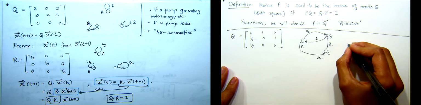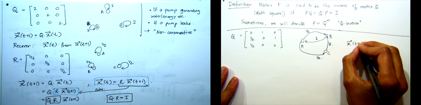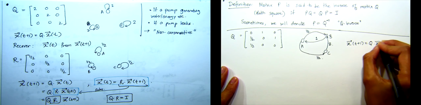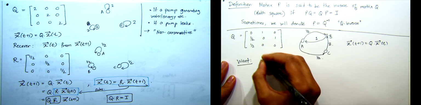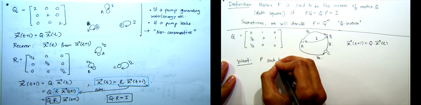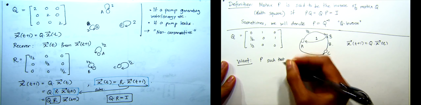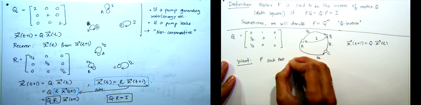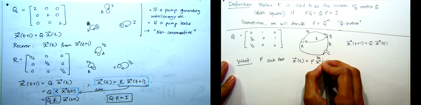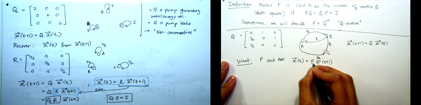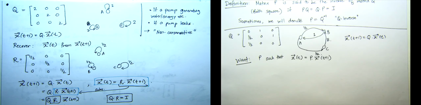And we want to now find, we have x of t plus 1 is equal to q times x of t. Want to find p such that x of t is equal to p times x of t plus 1, right? We want to find this per our definition up here. And what do we know about this?